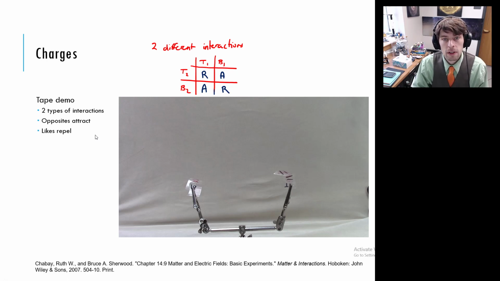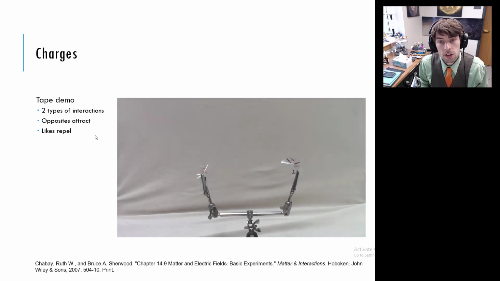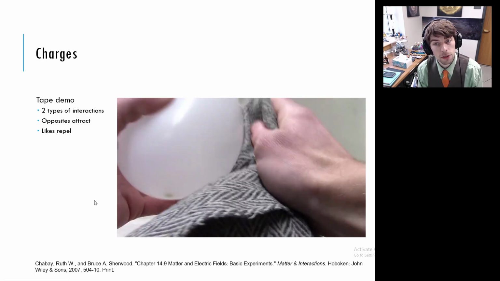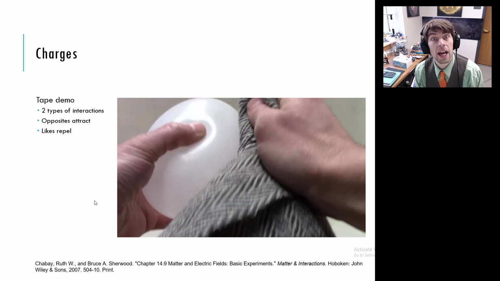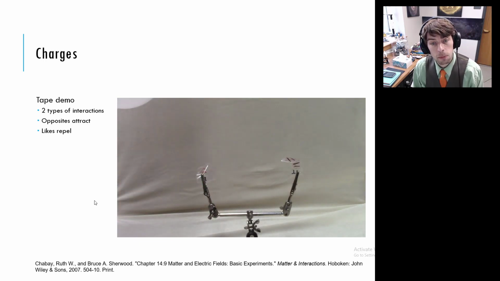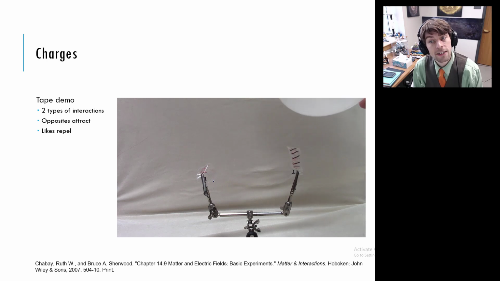So let's go ahead and do that. Again, I've got my top and bottom pieces still on the holder. And now I'll take a balloon and I'll just rub it. And again, I have no idea what the balloon is going to end up with. I'll use my bottom and top pieces. Notice the balloon is repelling the bottom piece and it attracts the top piece.